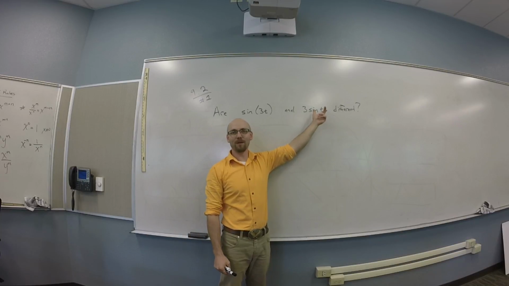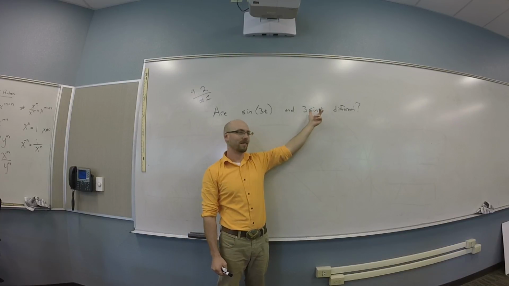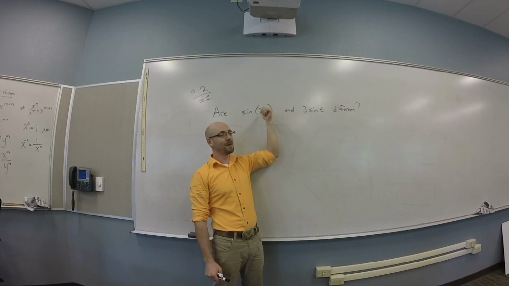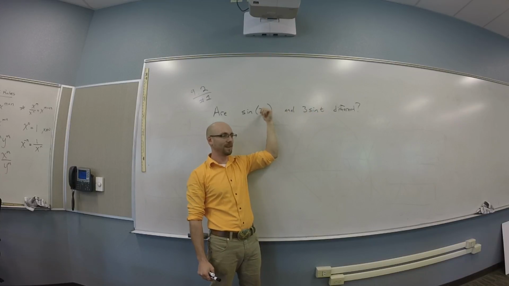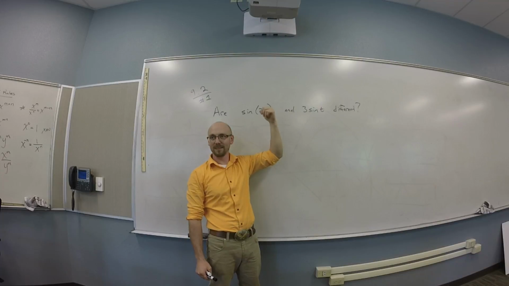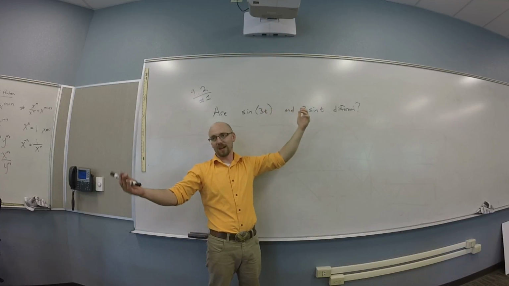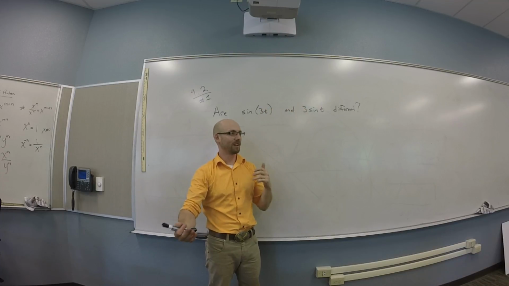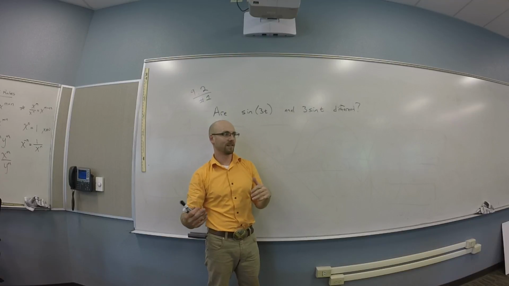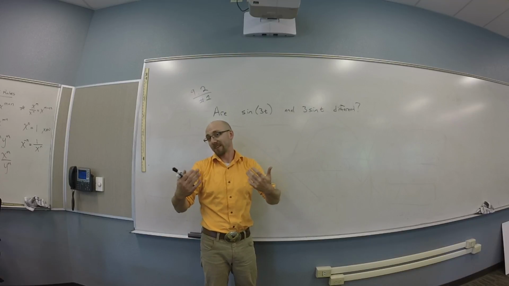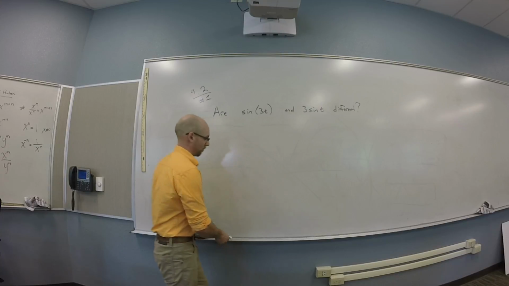What else do I want in that angle? I better be able to do 3 times that and plug it into sine easily. So 30 would be a great choice. You guys see that? That would be a good test case, so let's try that.